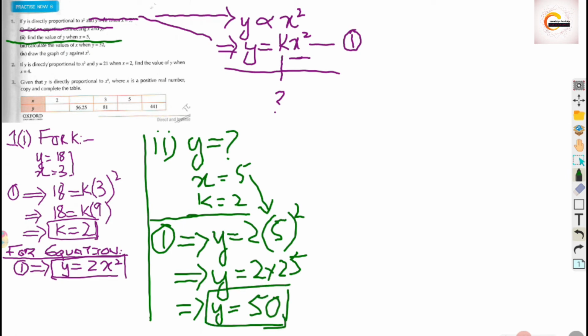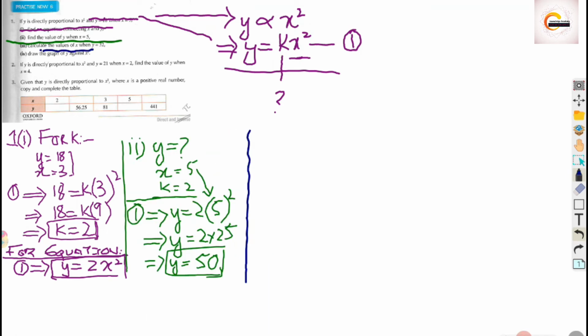And that's the value of y in this case. Now part 3, calculate the value of x when y is equal to 32. Simple. We don't know the value of x, but we know the value of y is 32, and our constant of variation is 2.